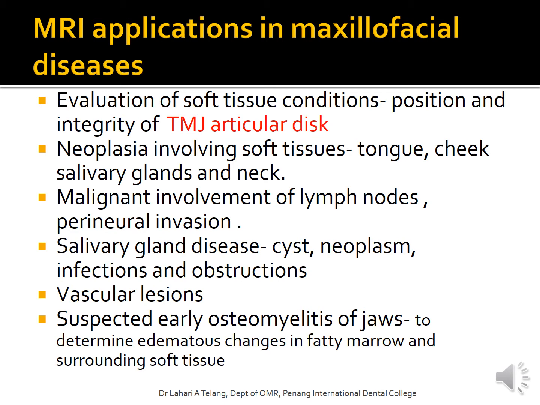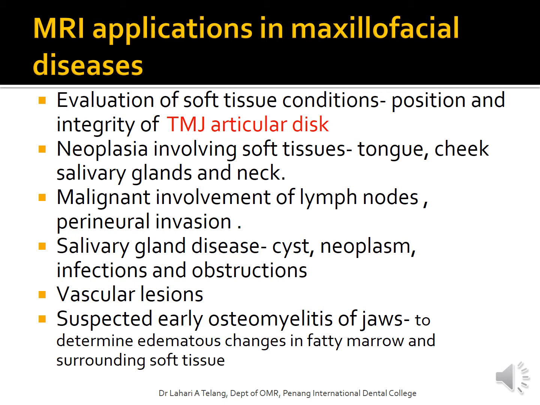So the applications of MRI for maxillofacial diseases is, first of all, evaluation of soft tissue conditions, position and integrity of the TMJ articular disc. The reason why I've marked it in red is that MRI is one of the best methods of visualizing the articular disc, and one of the best applications in the maxillofacial region would be to evaluate the TMJ.